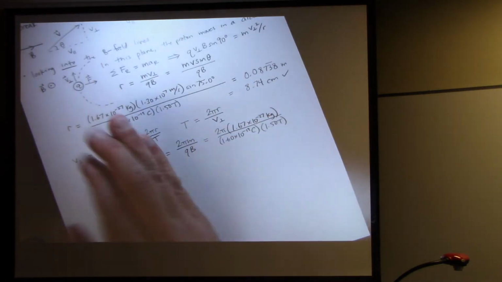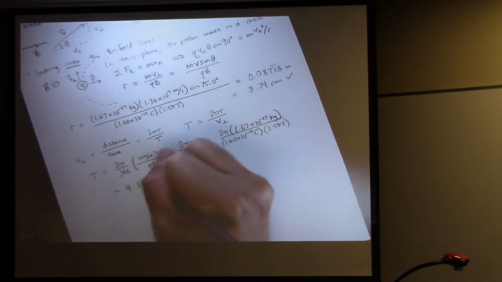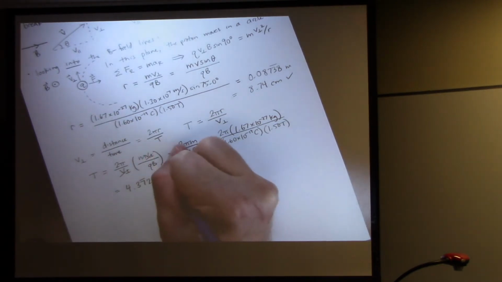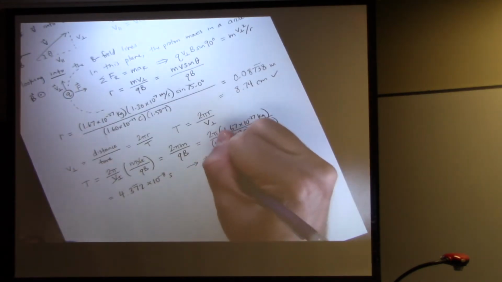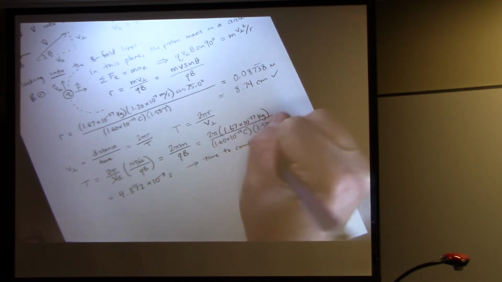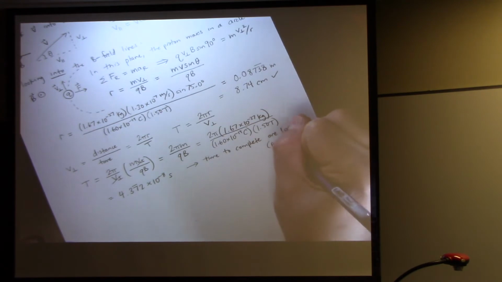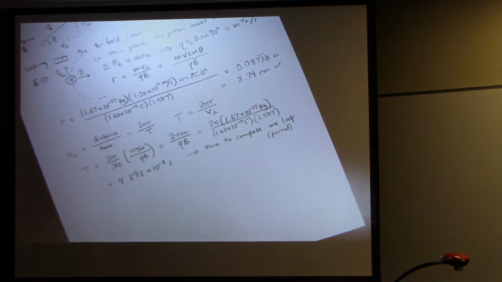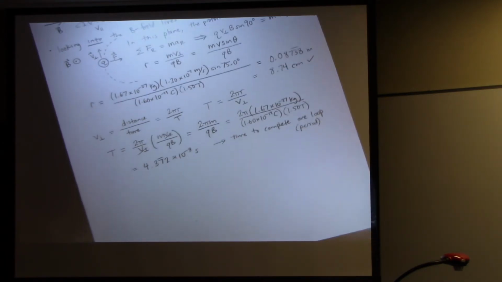Okay, so this is a time, it's going to come out in seconds. 4.37 times 10 to the minus 8 seconds. So this is the time to complete one loop. That's what the period is. And it's a tiny amount of time, indicating this thing is making a lot of loops every second. It's moving very fast.